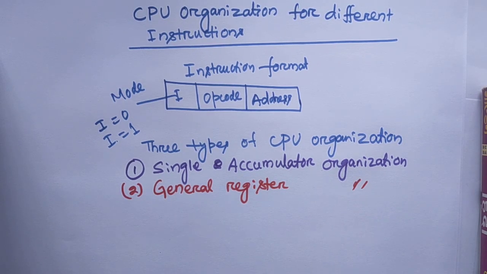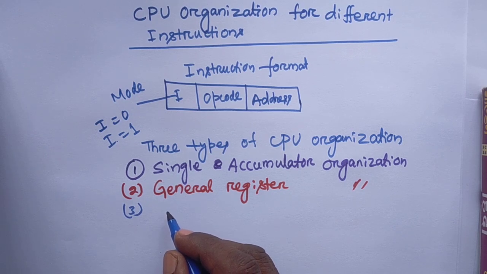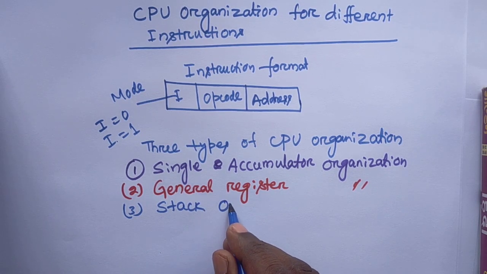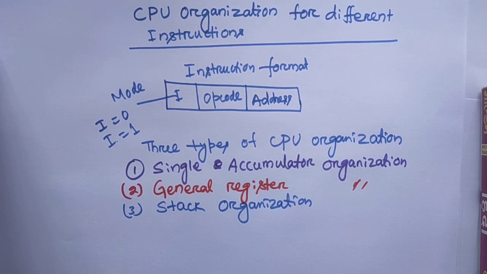And the third one is stack organization. So these three categories of organization are involved in CPU organization, and they are used for different instructions, that is, for how an instruction is defined through CPU organization.